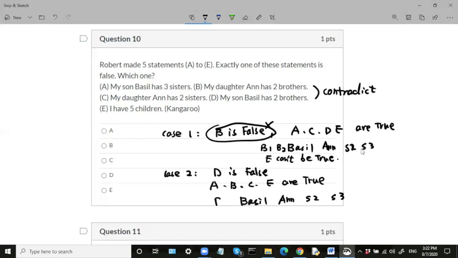So then we have 1 more boy here. C, my daughter Anne has 2 sisters, which is also true. And E, I have 5 children, also true. 1, 2, 3, 4, 5 children, right? So E is true. So it works. The conclusion is D is false. So the answer is D.